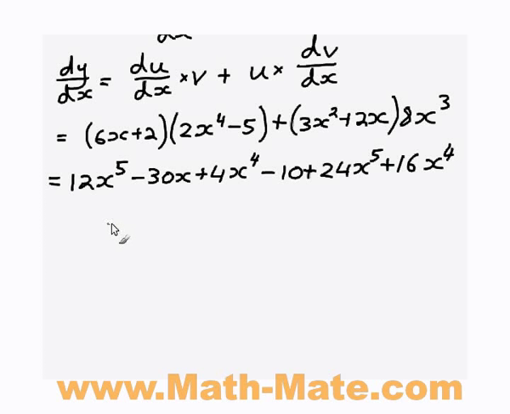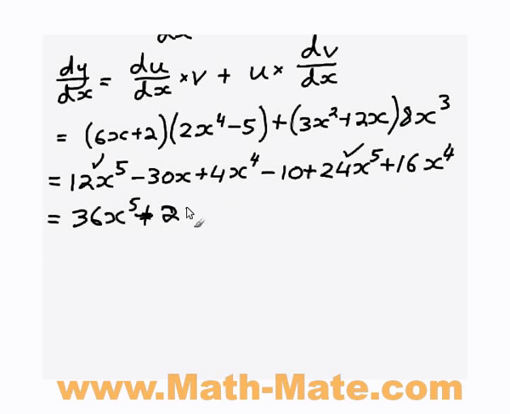So we're getting somewhere. We've just got lots of terms. Now we can group terms that are the same. We've got a 12x to the power 5 and a 24x to the power 5. Together these make up 36x to the power 5. I'm going to put little ticks to show that we've already added those together. We have a 4x to the power 4 and a 16x to the power 4.